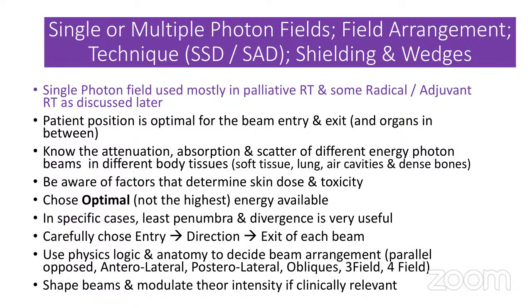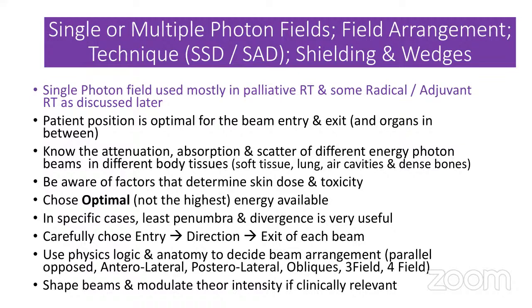So now the type of fields that we use, shielding and wedges. I think this is really the crux now, and then we will use the examples. So single photon field, all of you would have treated some patient with a single photon field, but not commonly. You've seen it mostly used in palliative treatment, like when we're treating some spine or a rib or a sternum, but also some radical or adjuvant treatment, as we will discuss later.